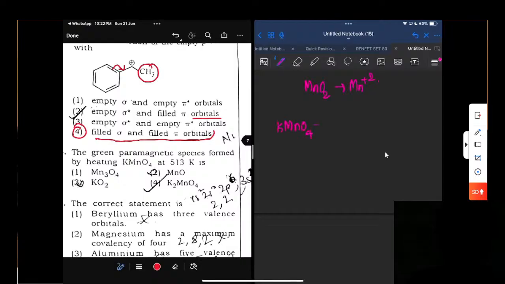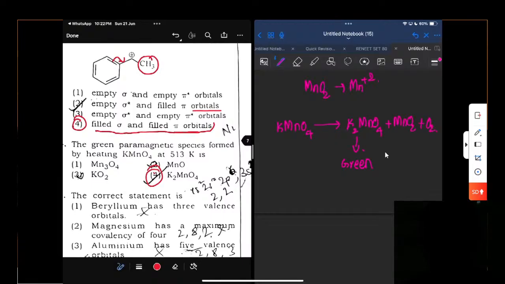If you heat KMnO4, it forms K2MnO4 plus MnO2 plus O2. So this green colored compound formed is nothing but potassium manganate, K2MnO4, which is green in color. So which is the correct option? Option 4 is the correct one.